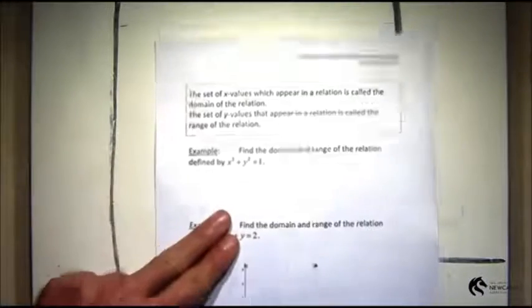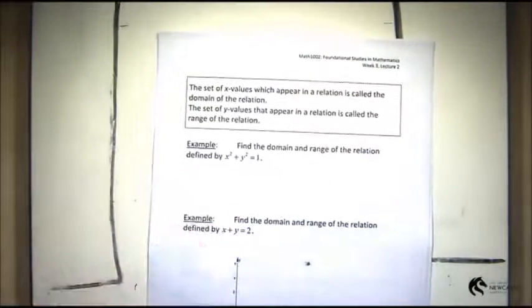A bit more terminology before we get into some really useful stuff. So here I have a relation, in this case between 2 sets of numbers, and I can draw a graph of that relation.